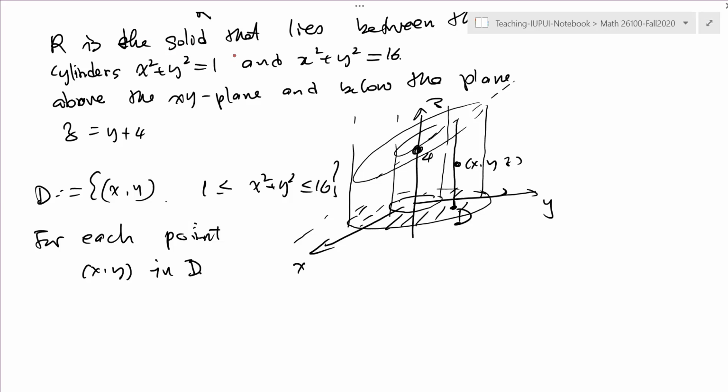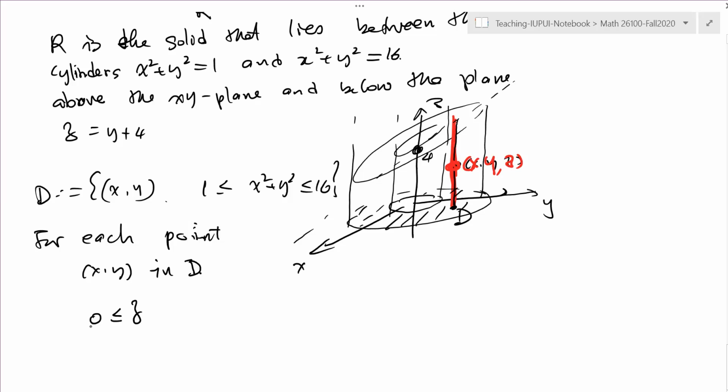So those are the vertical lines in the solid. If x, y are fixed, I want to see what the upper bound for z and the lower bound for z are.